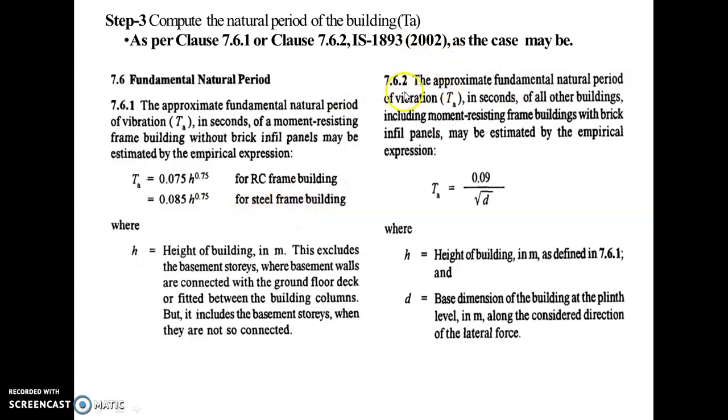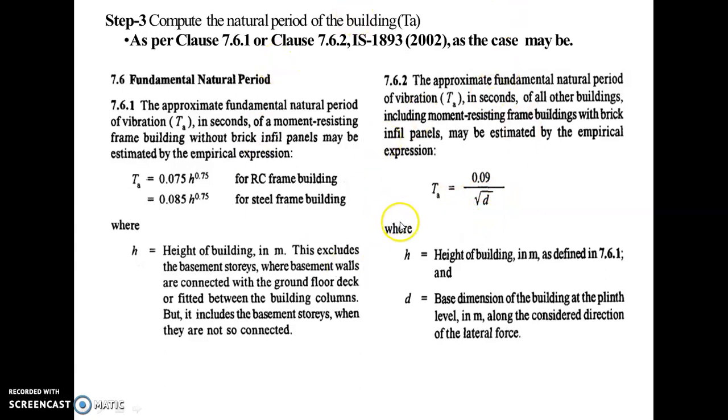In clause 7.6.2 one more formula is given, but this formula is for infill panels. When our structure has infill panels, at that time we have to use this formula. Here one thing is missing: in this formula you have to write 0.09 h divided by root d.